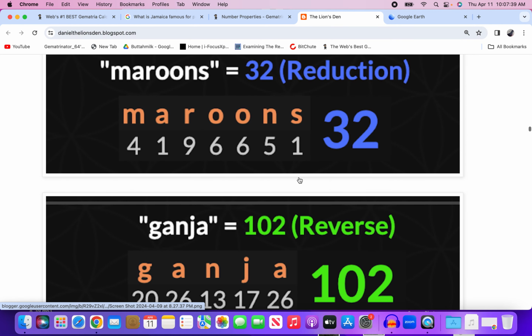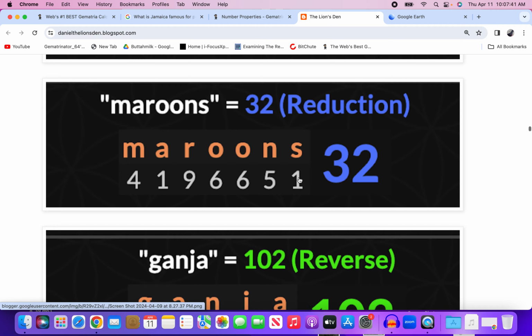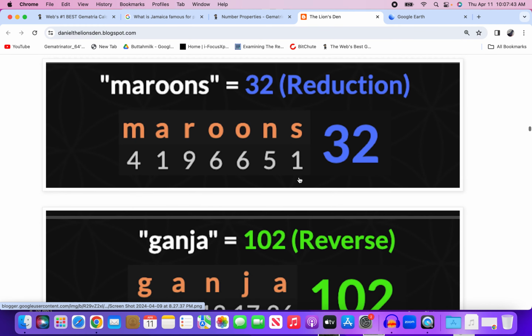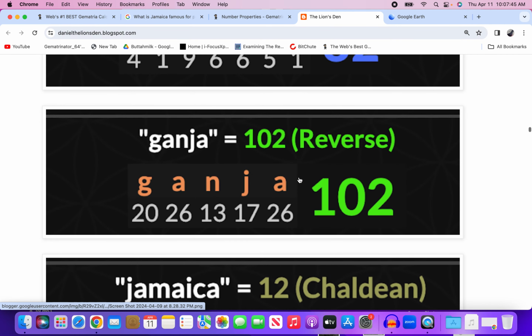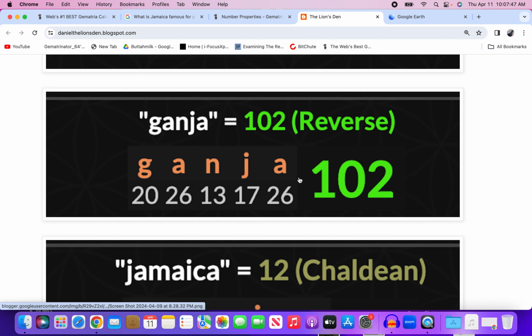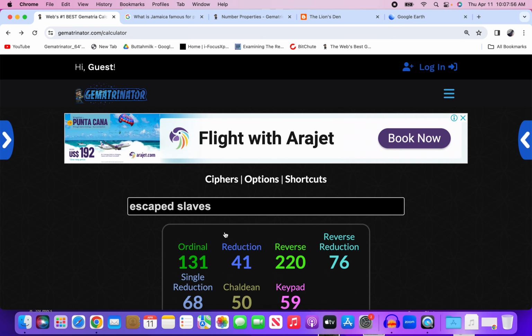And of course Jamaica known for the Blue Mountains and Ganja, 102, Jamaica 12. 102 also a number for the N-word. Very interesting. Ganja brought by the Indian indentured servants, from India, right?